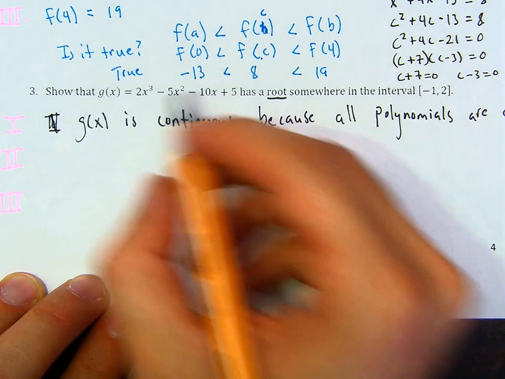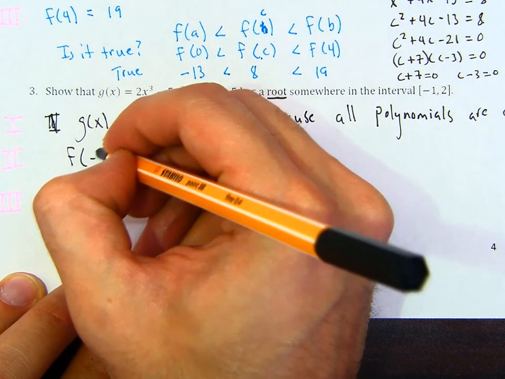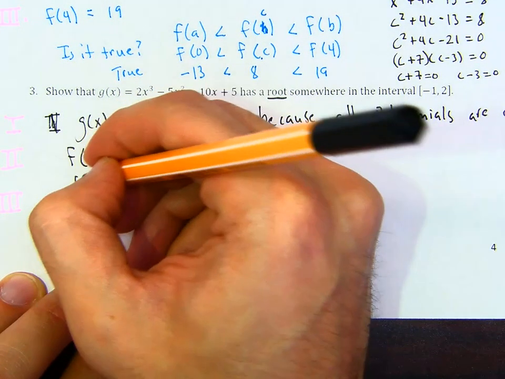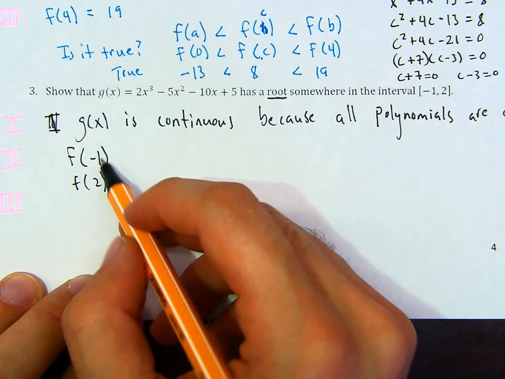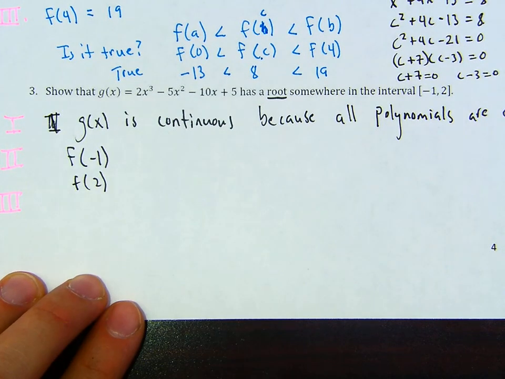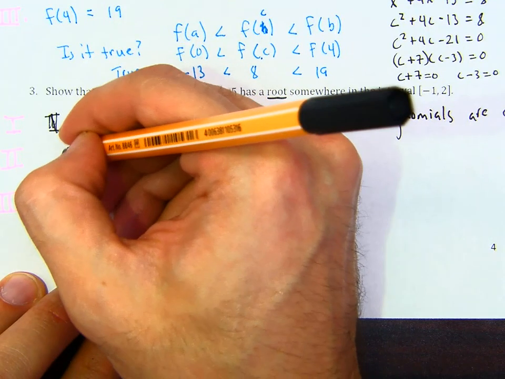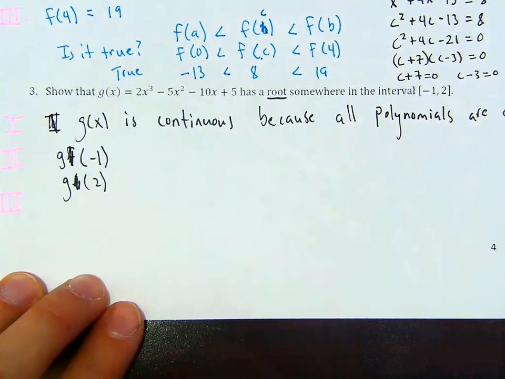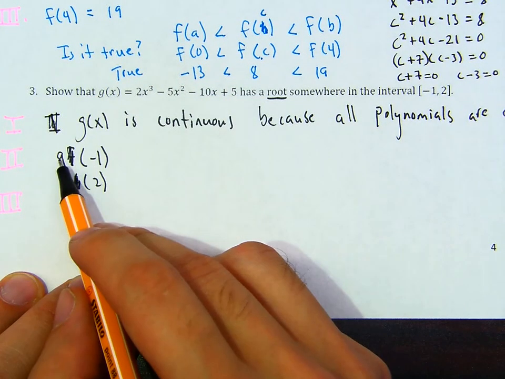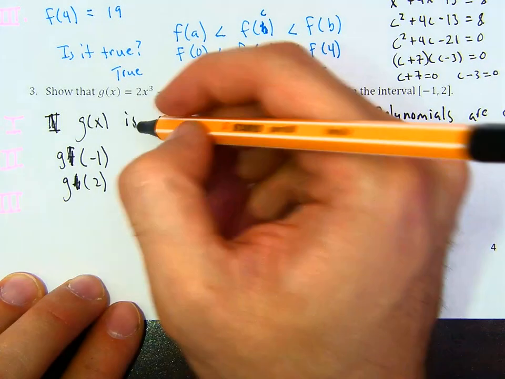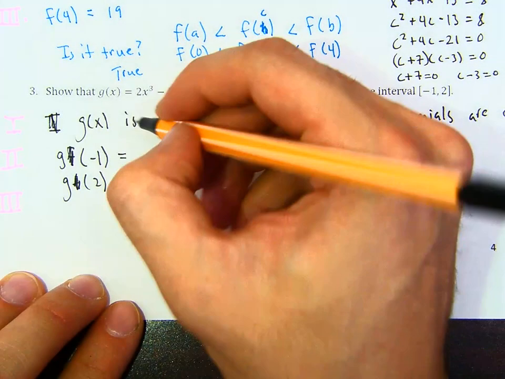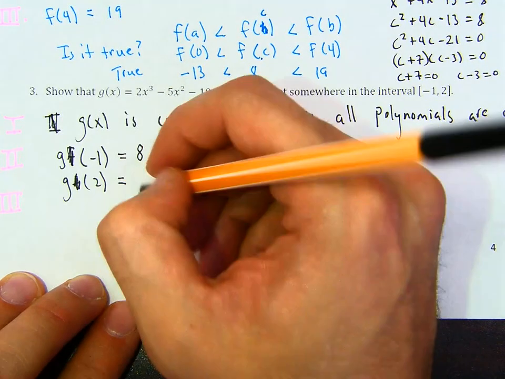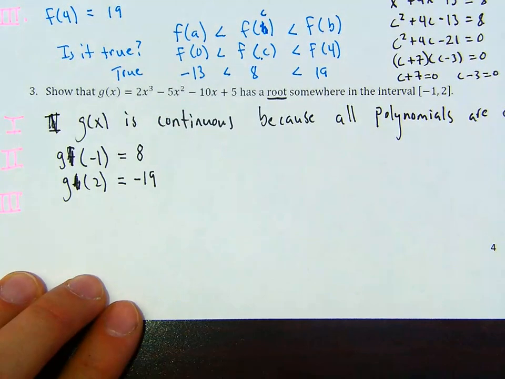Now we need to plug in g of negative 1 and g of 2, and see if these two are not equal to each other. Oh wait, I'm sorry, this is not f. I keep doing that. It's g, right? This is the name of the function. So what's g of negative 1 and what's g of 2? Okay, take your time. Let's say you pause the video and you came back. So g of negative 1 should be 8, and this should be negative 19.